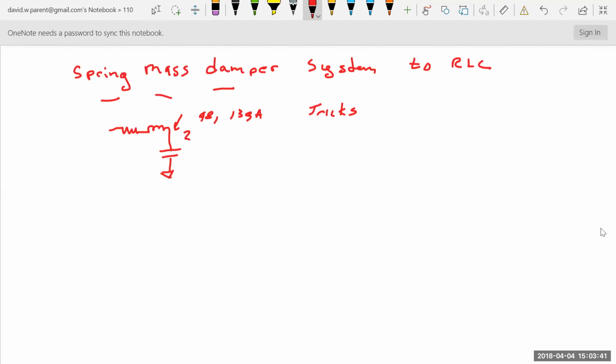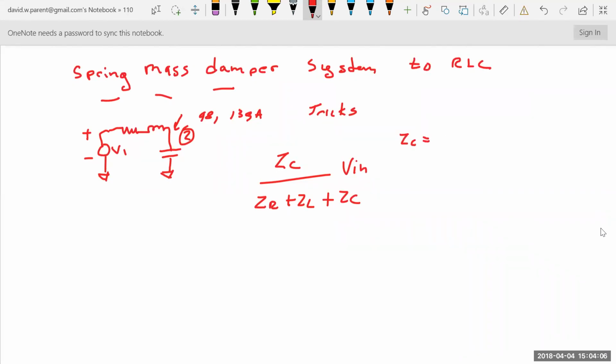So if that's node 2, well, that's just ZC over ZR plus ZL plus ZC. I'll complete this. That's all that is. And we know ZC is 1 over SC, ZR is R, ZL equals SL.